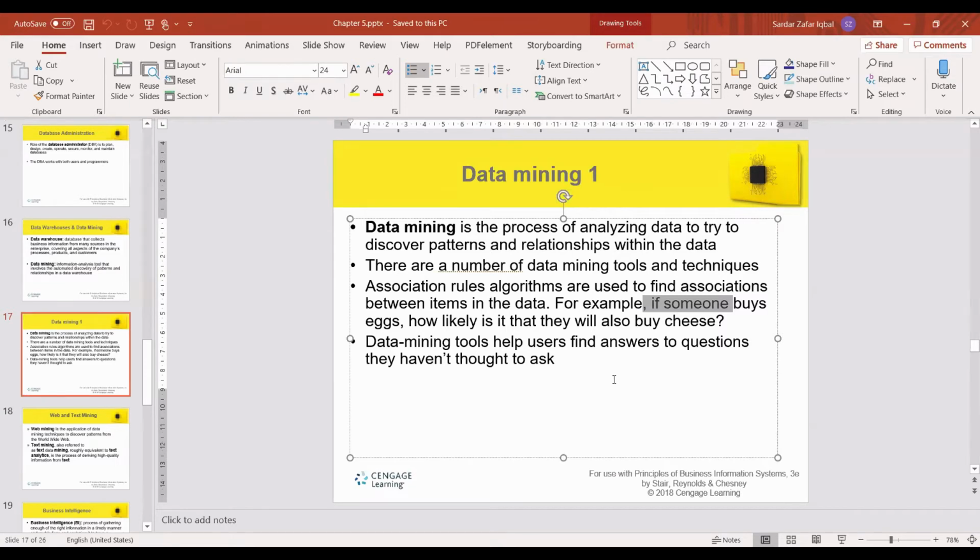So this is very important for business organizations to increase the business. If a business organization comes to know what the interest of the customer is, they can offer many related products for that. And they use data mining tools for all this. This is called data mining, guys.